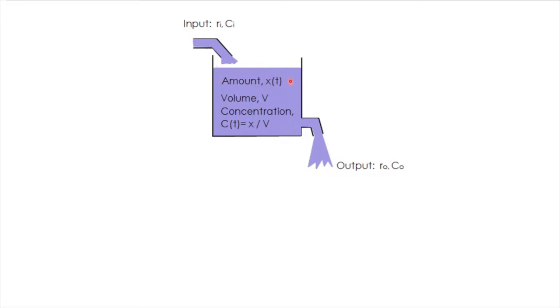Meron kang initially a pure substance, or kung meron mang mixture dito sa loob ng container, and then you pour something into the container or tank, with, of course, a flow rate and a different concentration of the substance. Binuksan mo yung outlet, di ba? So, gusto mong i-drain siya. So, for example, mas mabilis yung flow rate nito kumpara dun sa pagpasok ng solution.